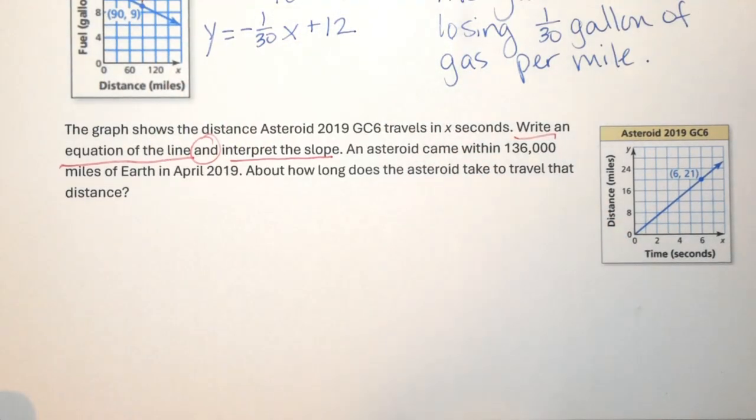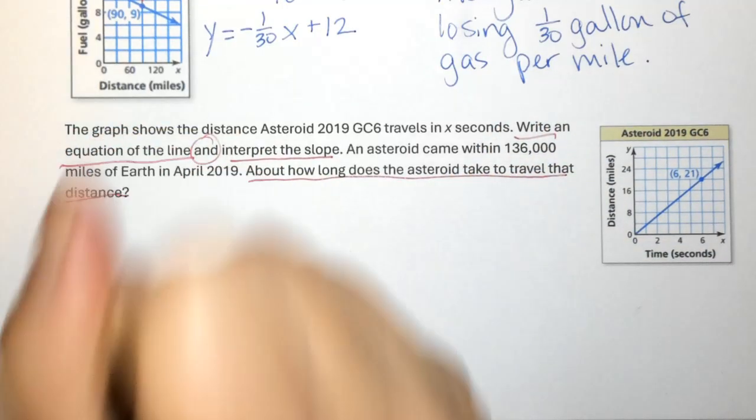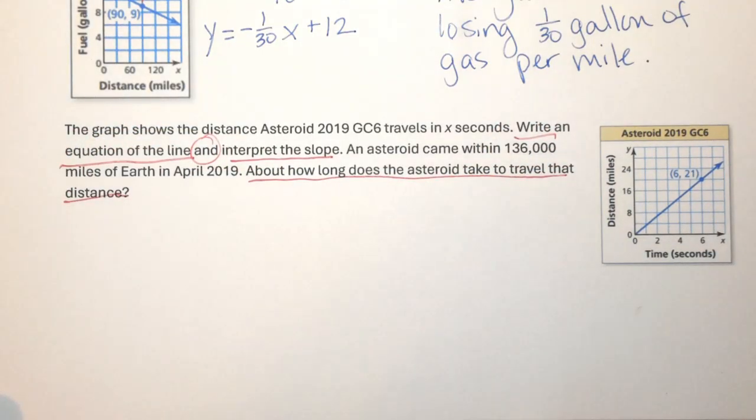An asteroid came within 136,000 miles of Earth in April of 2019. About how long does it take the asteroid to travel that distance? So we have a third part. All right, we have 3 things we have to answer here. We have to write the equation, we have to interpret the slope, and we have to figure out how long it takes to travel that distance.